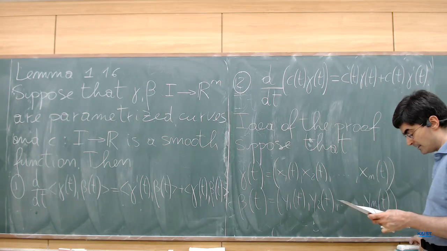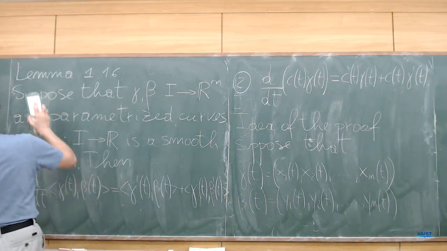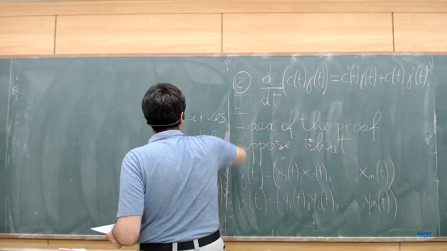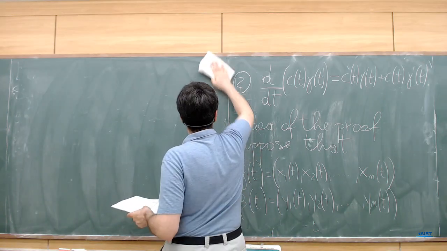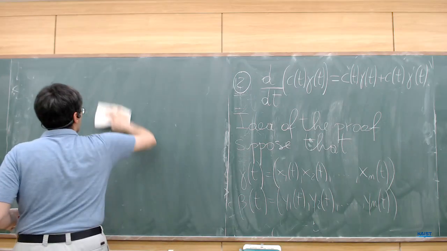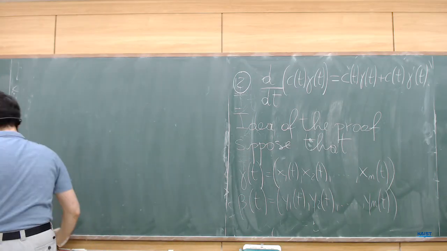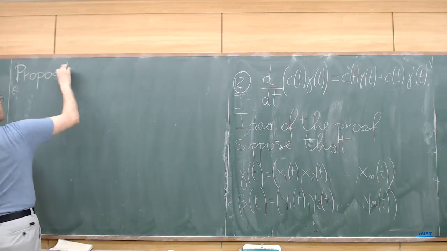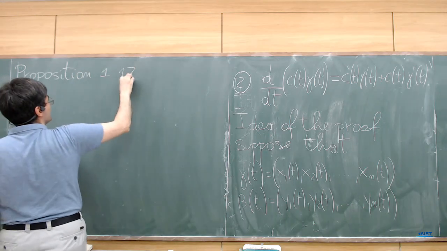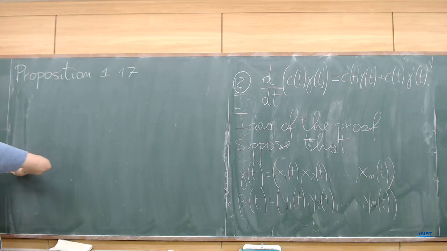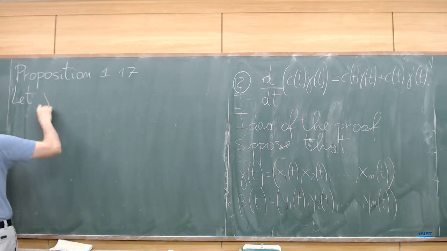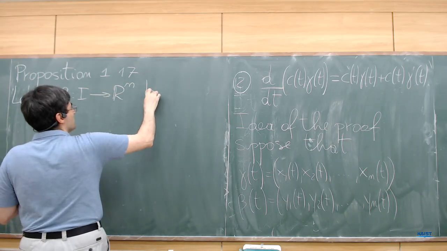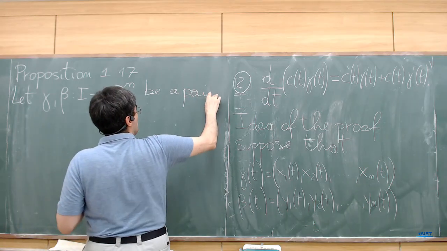I would like instead to present to you one proposition, Proposition 1.17, which says the following: let gamma and beta from I into Rn be a pair of curves.